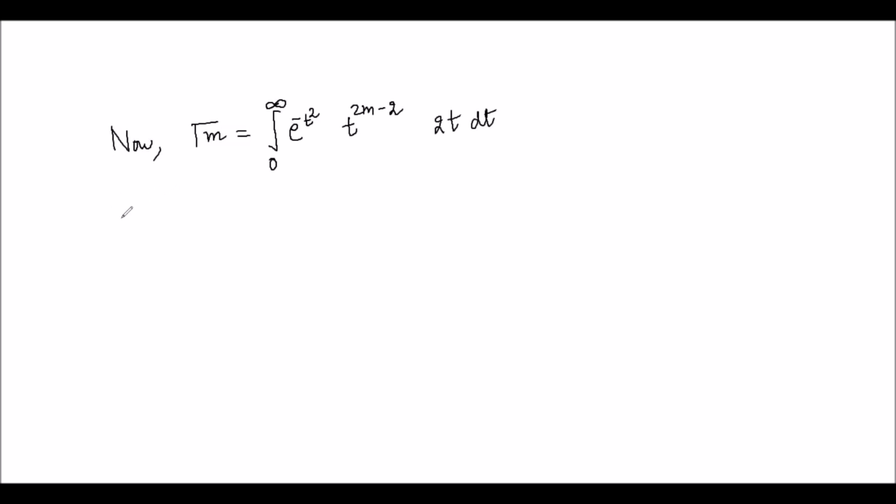If we further simplify it, we will get that gamma of m is equal to this integral. We are integrating it within the limits 0 to infinity, e raised to power minus t square. We can take this 2 outside, and t raised to power 2m minus 1 dt.